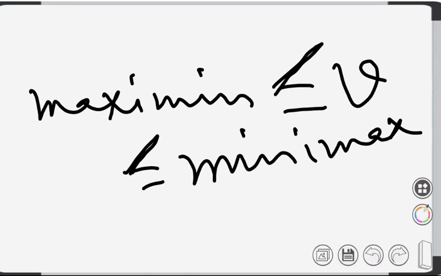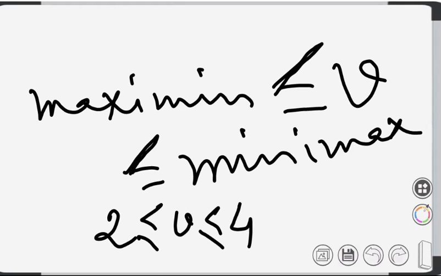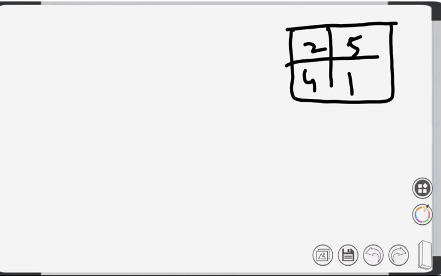So for this particular problem, maximin is 2, minimax is 4. So V will be lying between these two values. V will be lying between 2 and 4. Okay? Is it okay? Okay, sir. As we have seen, this game does not have any saddle point, that means it has mixed strategy.